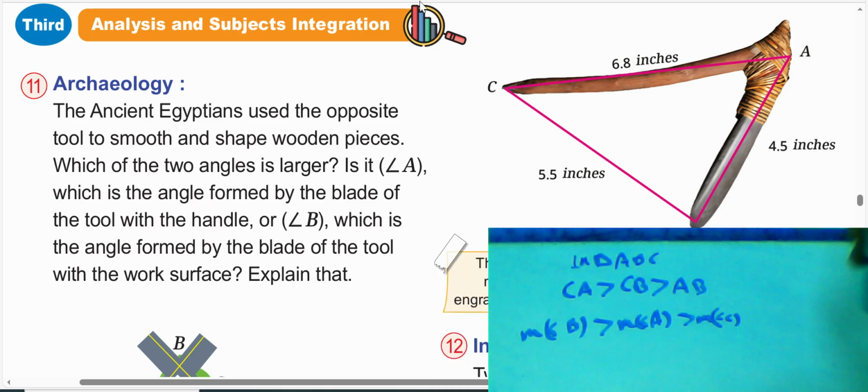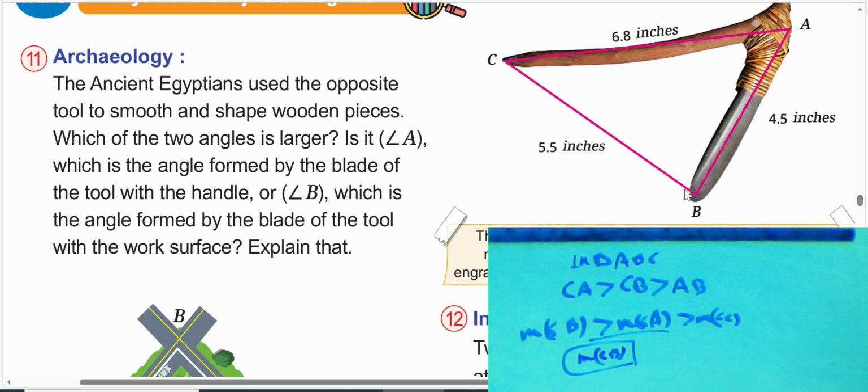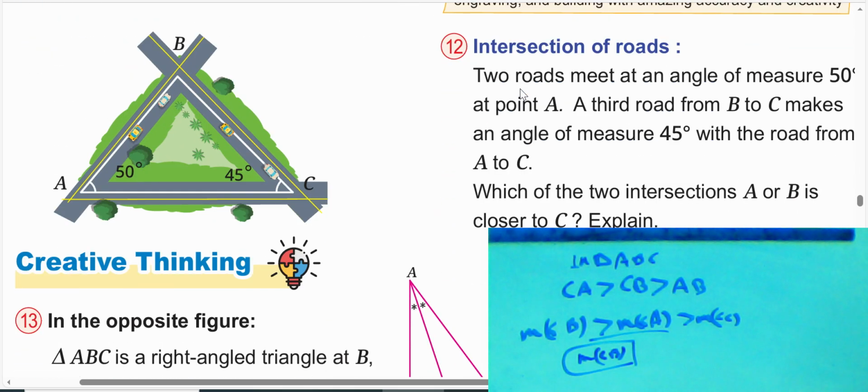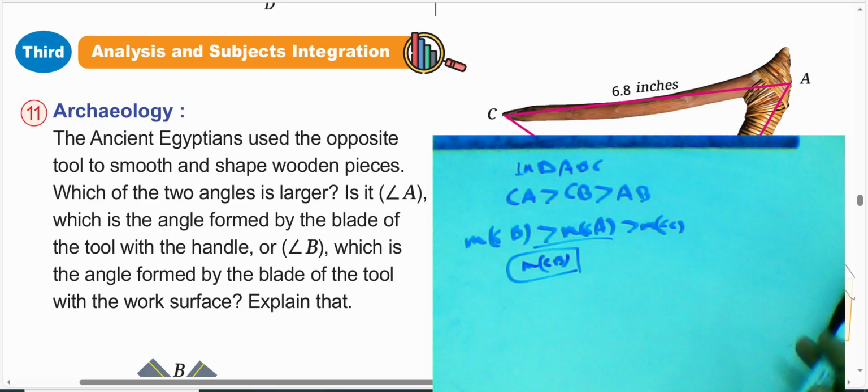Okay, he wants to find the relation between angle B and angle A. Then the measure of angle B is greater than the measure of angle A, which is the angle formed by the blade of the tool with the work surface, because the measure of angle B is greater than the measure of angle A. Okay, my students, then I can write the steps.